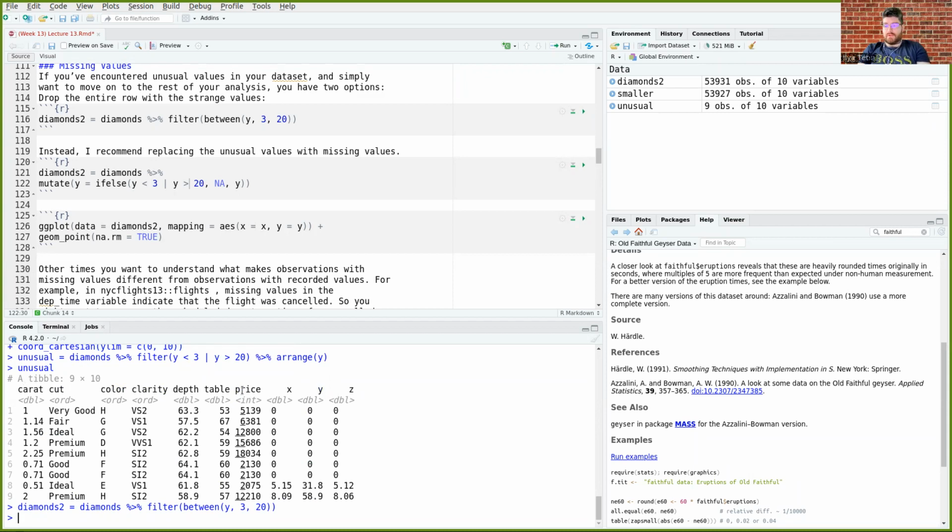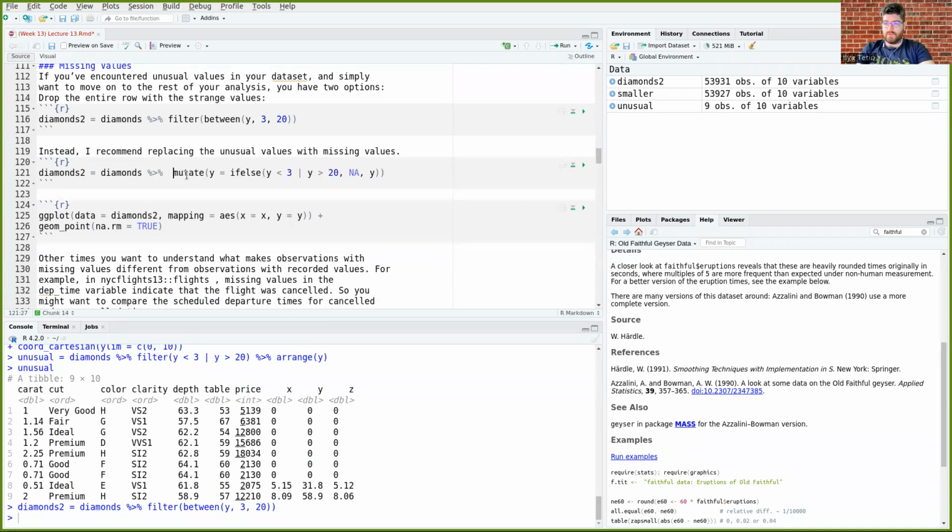All right. So we just leave these values, and we mark each of these outliers with an NA, and this NA will be placed with this function mutate. So we mutate with the if_else. If y is less than 3 or y equals 20, replace with NA.